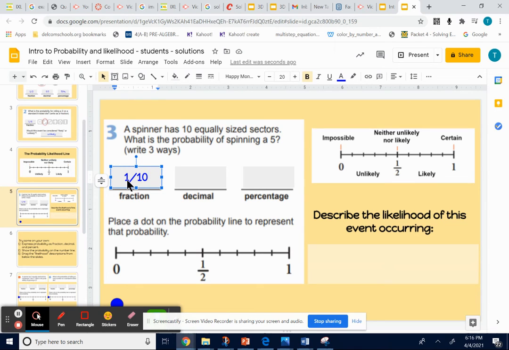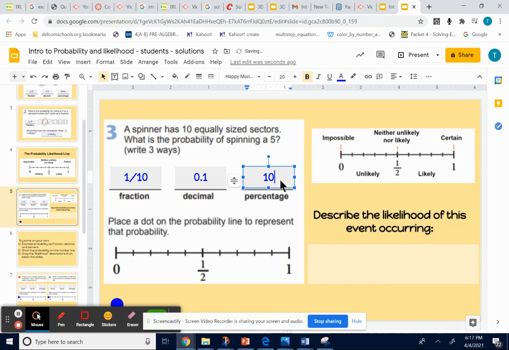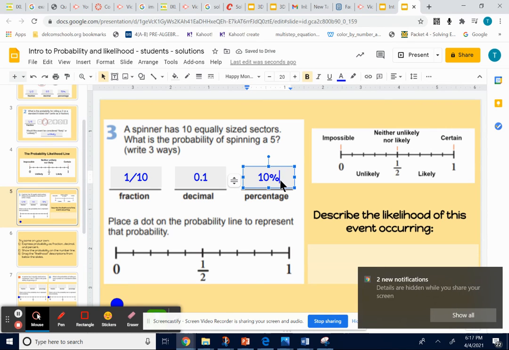So 1/10 is a fraction. If you take 1 divided by 10, you'd get 0.1. That's just taking the top number divided by the bottom number. To change a decimal into a percent, move the decimal point 2 to the right and add a percentage sign. So I'm going to move the decimal point once to the right, gets me past the 1. The second time I have to add a 0. So 10, and then add a percent sign. So I have a 10% chance of spinning a 5. 1 in 10 chance.